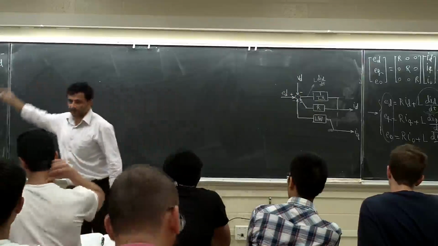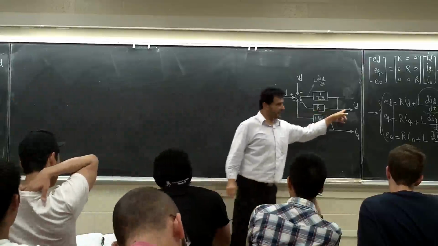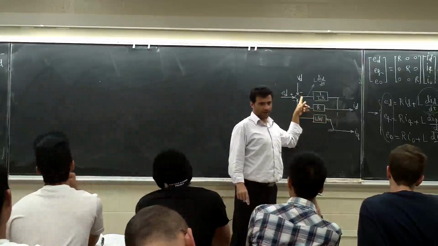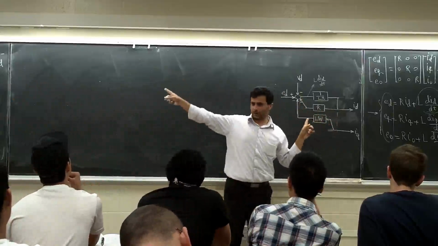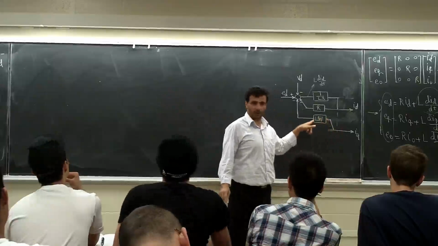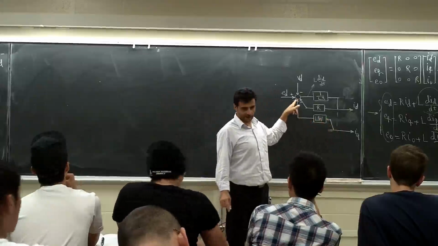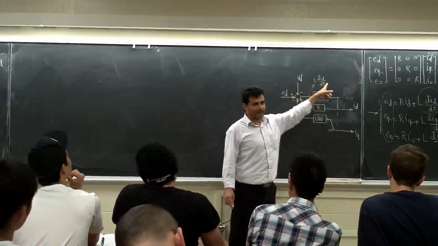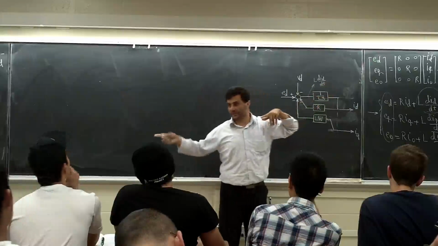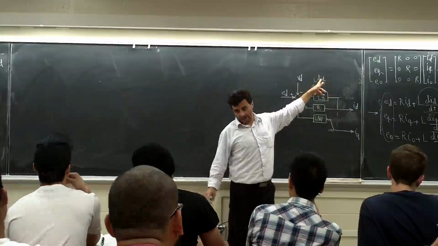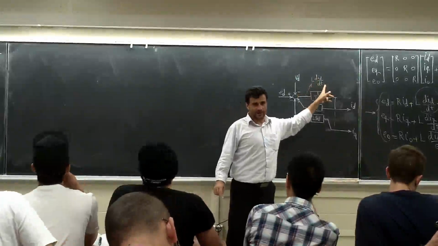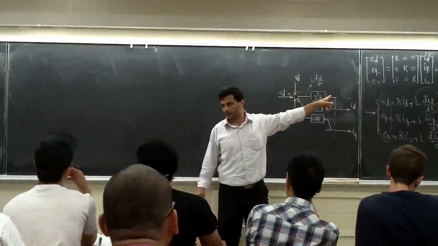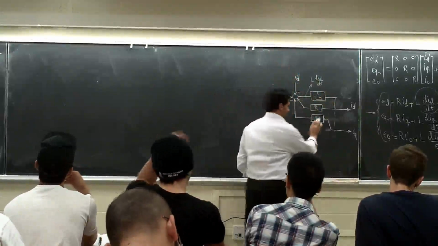Minus R ID. This is the ID, and I'm timing it by R, putting it here with the minus on the left side. I have a minus L omega IQ, IQ times L omega. You add all of them together. If you divide it, it's going to be L dID over dt. If I want to find my ID, I should divide this by L. It's going to give me dID over dt, and if I integrate that, it's going to be ID.